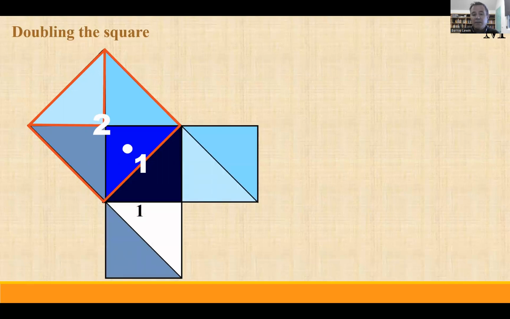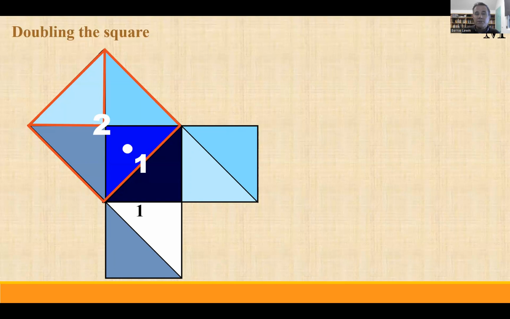So with Pythagoras' theorem, the area of the 2 squares on the sides equals the area of the square on the diagonal. And so we can add the area of those 2 squares just by counting triangles.